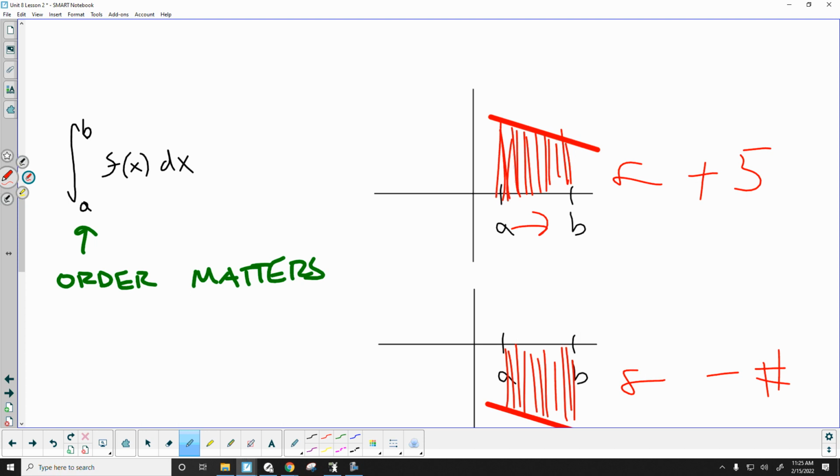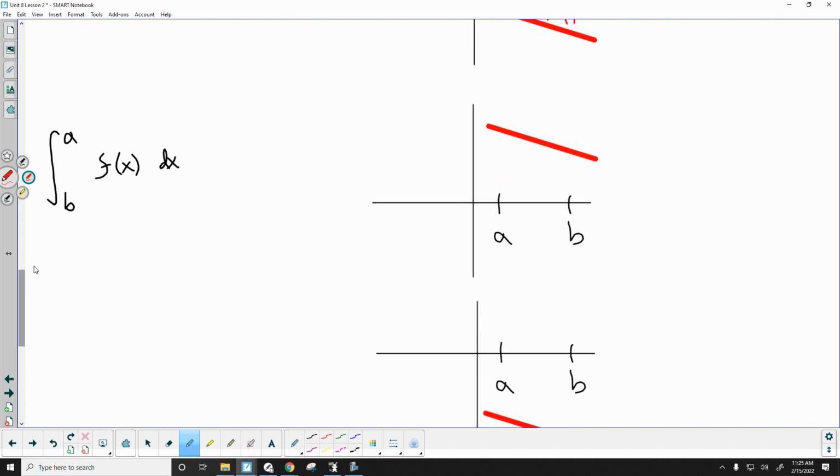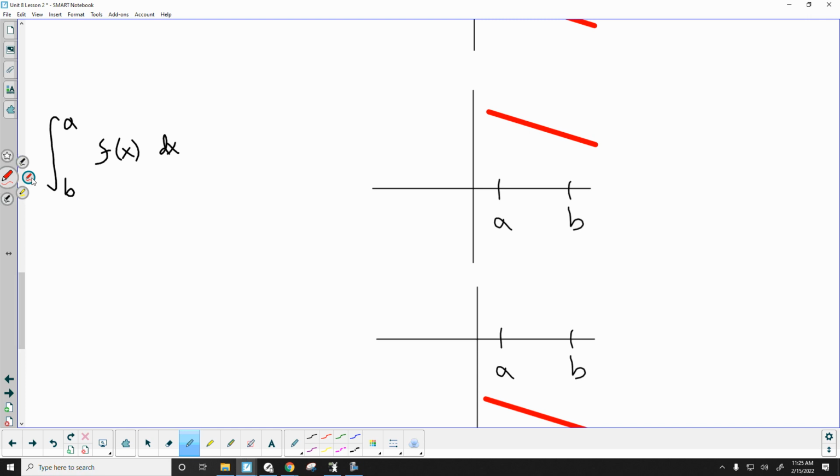Well, what do you think you would get if you go backwards from B to A? Yeah, you guys understand it's like we're doing the opposite of what we do in normal time. If we go back in time, if we accumulate from B to A, if you ended up 5 to the right, you got to go 5 to the left to get back to where you started.